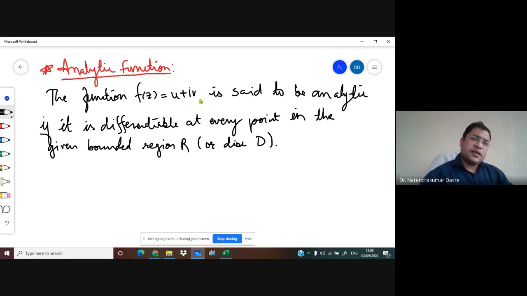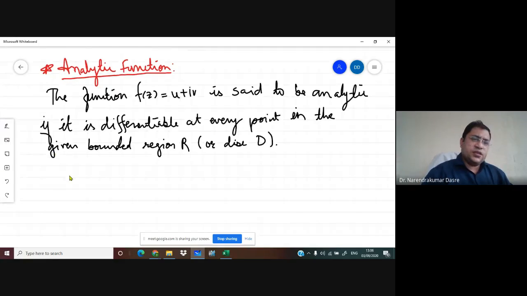So the function f of z is said to be analytic if it is differentiable at every point in the given bounded region or the disk.